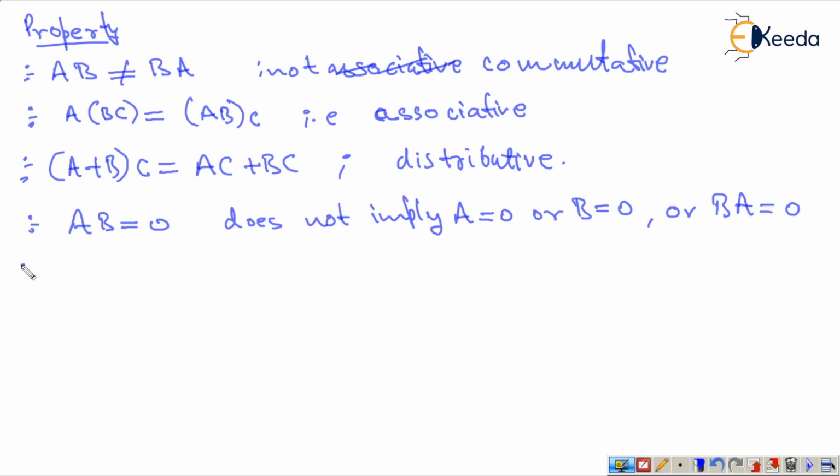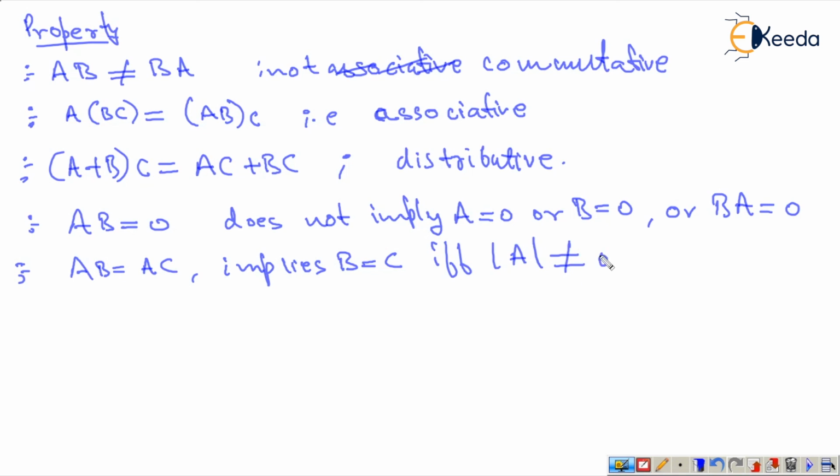And if AB is equal to AC, it implies B equal to C if and only if the determinant of A is not equal to 0. This is only possible when A is said to be non-singular. So if AB and AC are the same, B is equal to C, provided A is non-singular. Non-singular in the sense that the determinant value is non-zero. We'll come to that singular part afterwards, right?